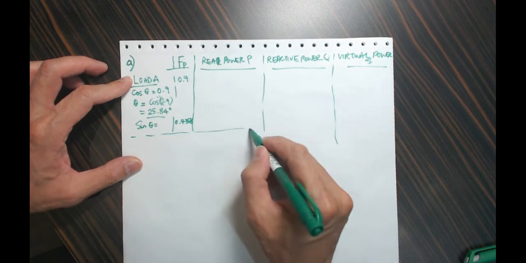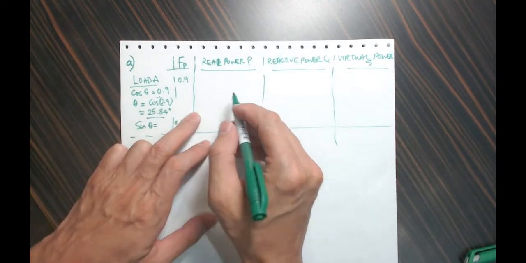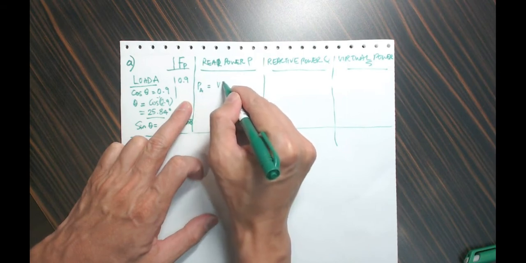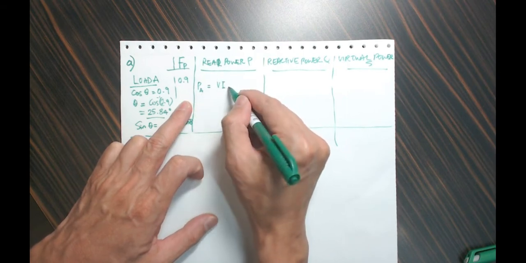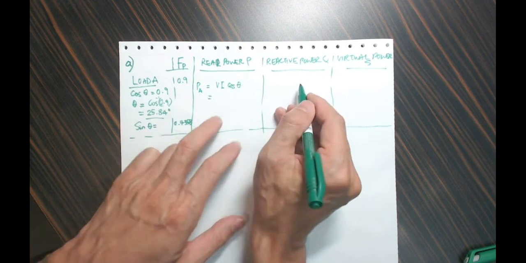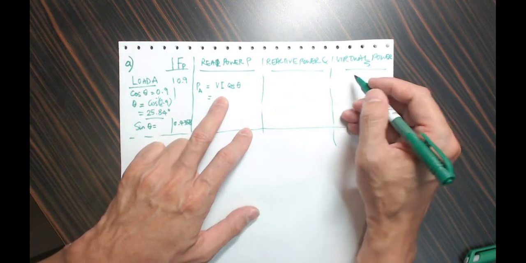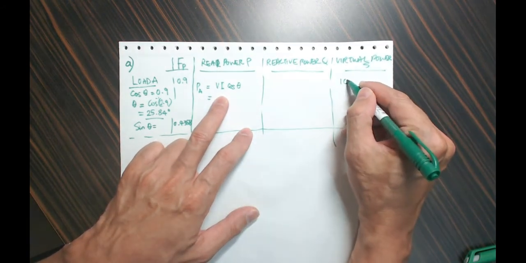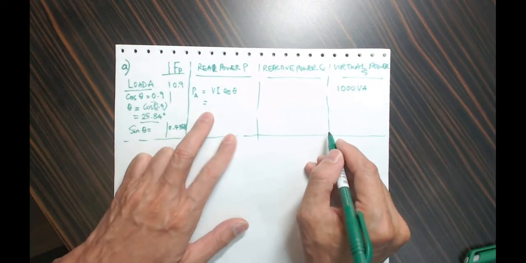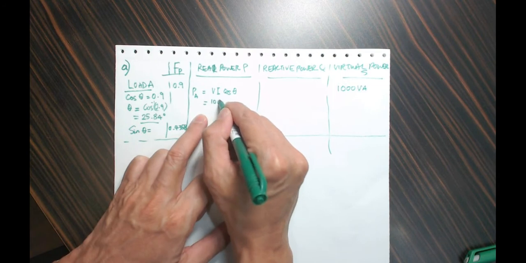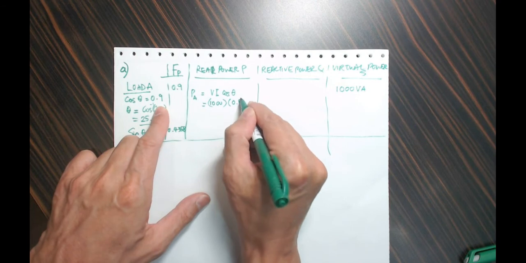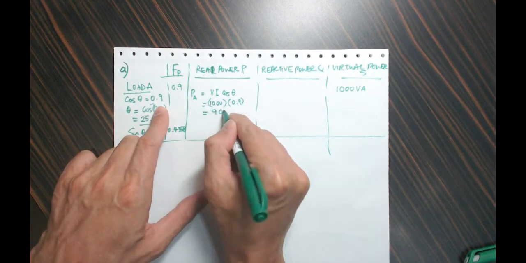Now with this set of information, I can determine the real power. PA is given by VI, which is the virtual power, multiplied by cosine theta. We are given that the virtual power for this load is 1000 VA from the question. Therefore, the real power is 1000 multiplied by 0.9, so that's 900 watts.